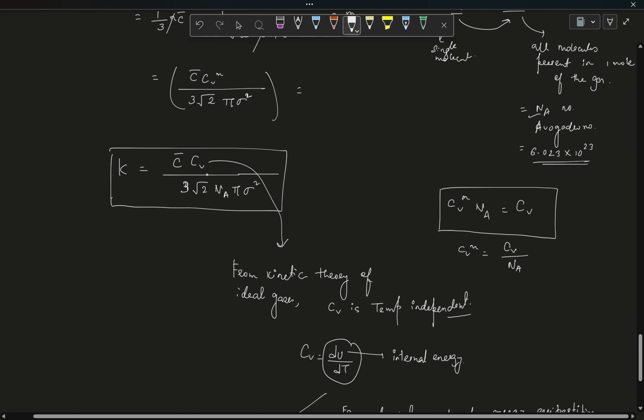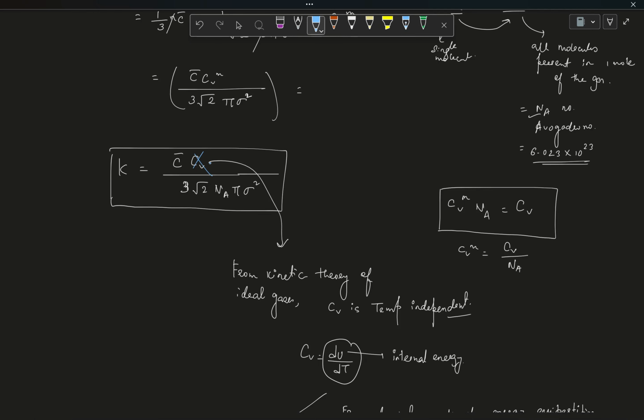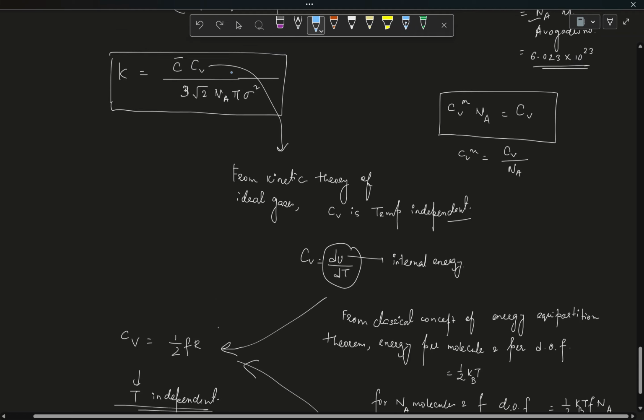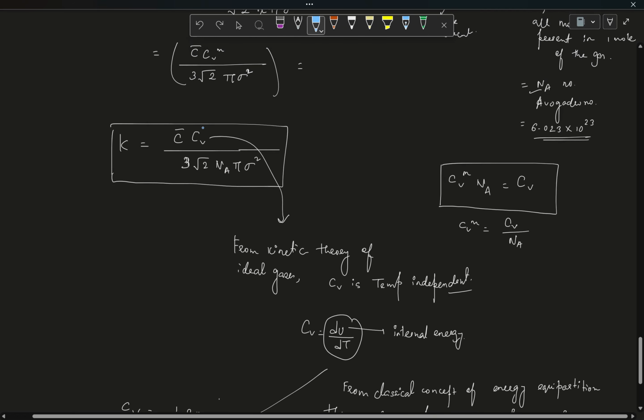So one is eliminated from the options: from this expression of K, the CV term has no temperature dependence. Let me not cross it out because then it will be difficult for you to see, so I am putting a small cross mark on the top of it so that you can tell this has nothing to do with temperature.